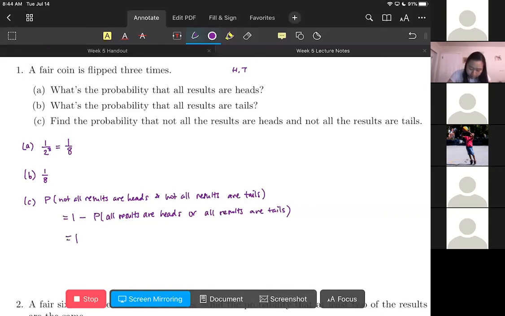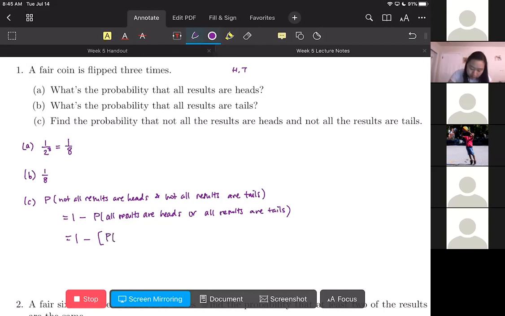And then we remember before we have this probability rule of sums, right? Same idea as the probability that something happens or something else happens. If those two things are mutually exclusive, then we can basically write this as a sum.